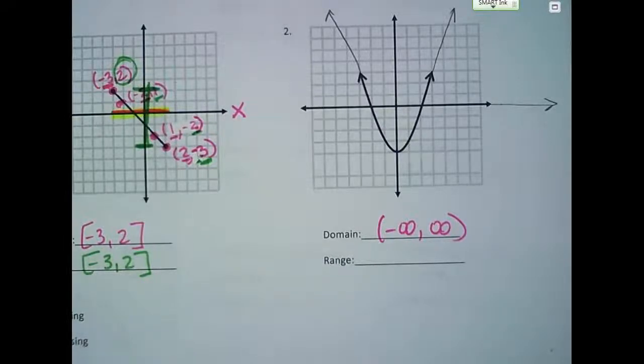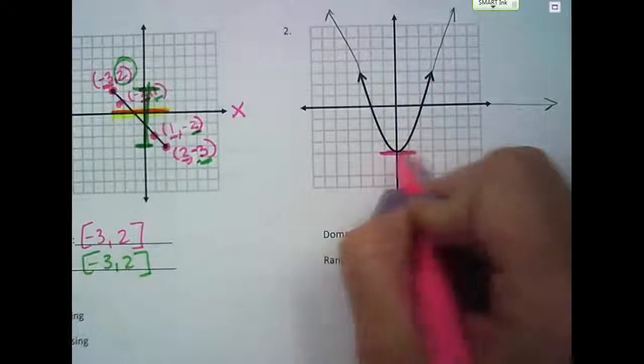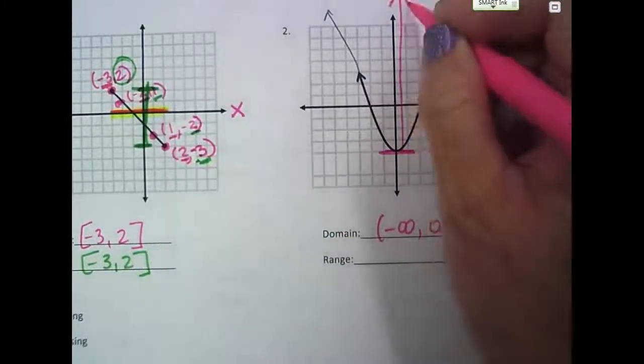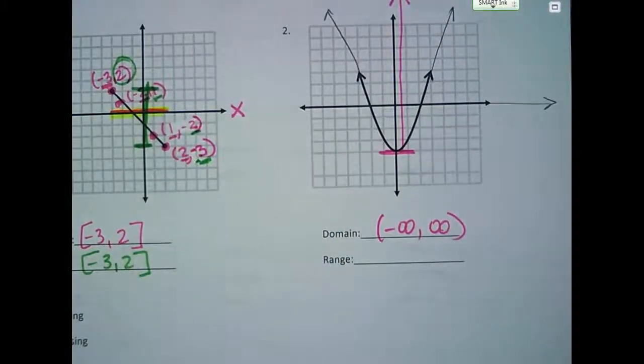What about the range? We sweep the range up. Bottom, the lowest, to the top. What's the lowest point on that graph? And we're talking about range, so you're going to find it on the graph. So I'm here, all the way up, from -4 all the way. Correct?